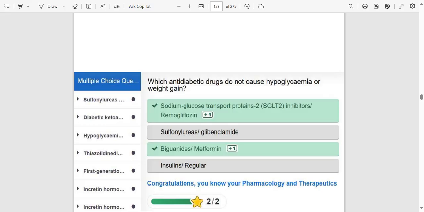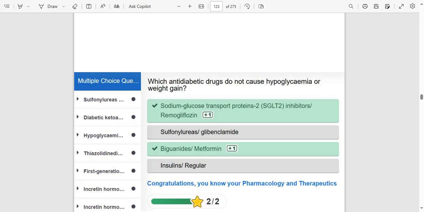Okay, thank you so much. I'm just trying to double check that. So in their notes, yeah, it's rare. So it's just that it's a low risk. And how about weight gain?